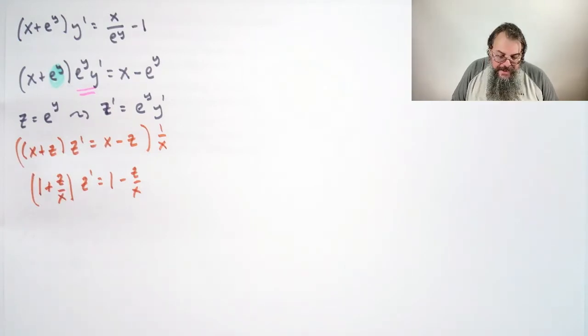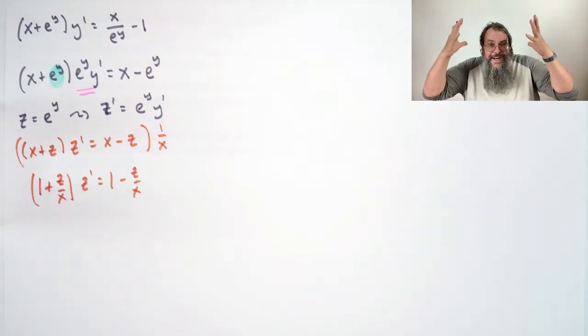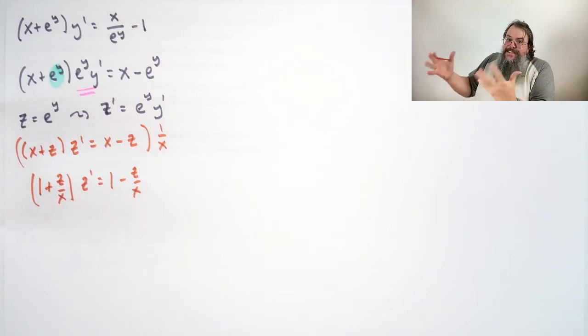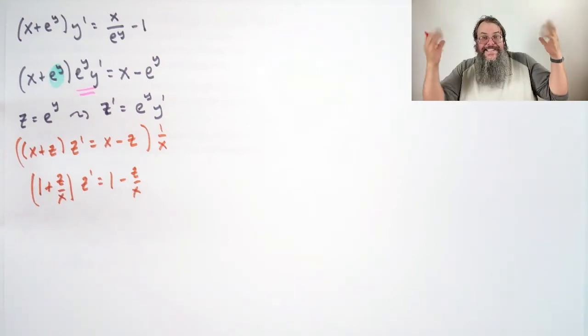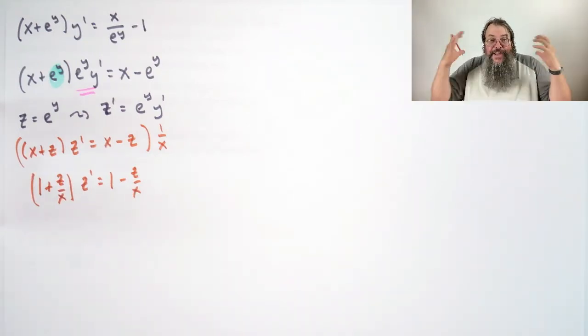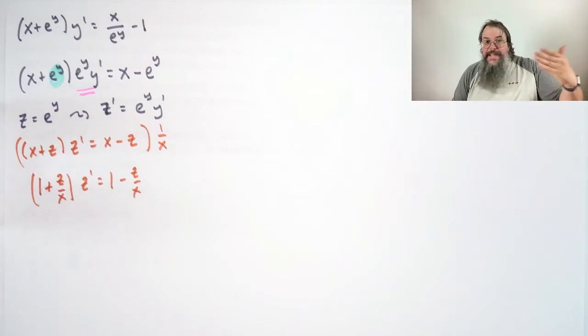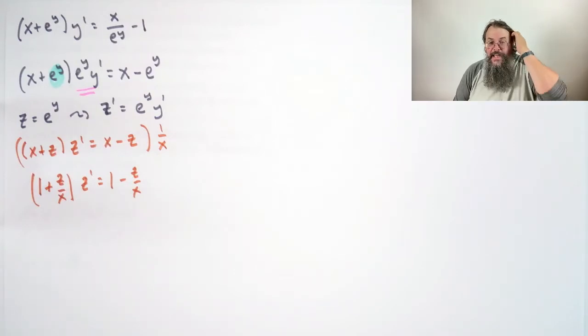And now we're going to do another substitution. And you're like, what? We already did a substitution. Are we allowed to do a second substitution? This is madness. No, this is math. That's how we do math. We do as many substitutions as we need, and sometimes we have to do a sequence of them.